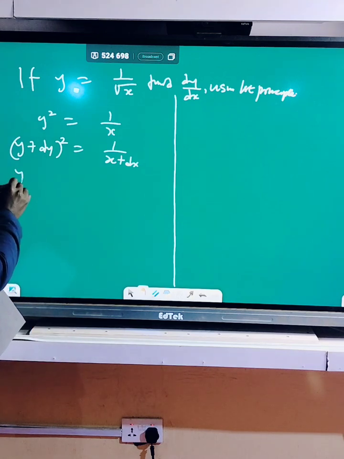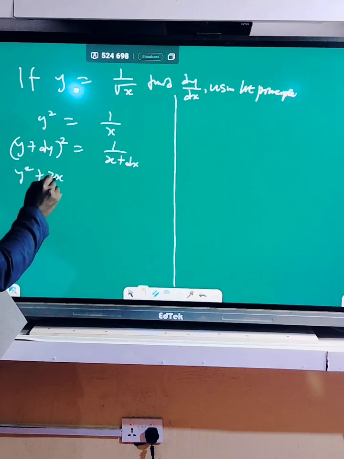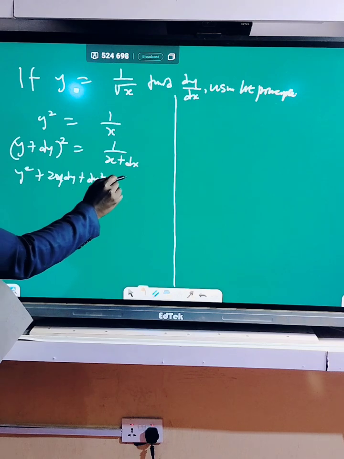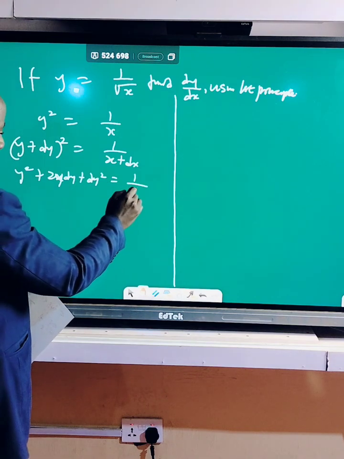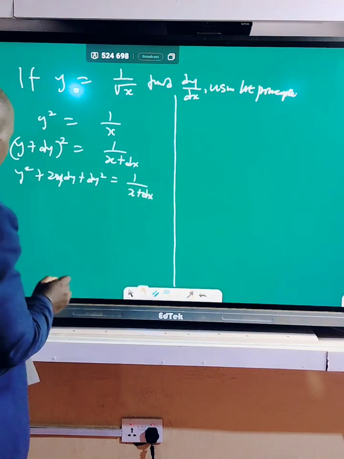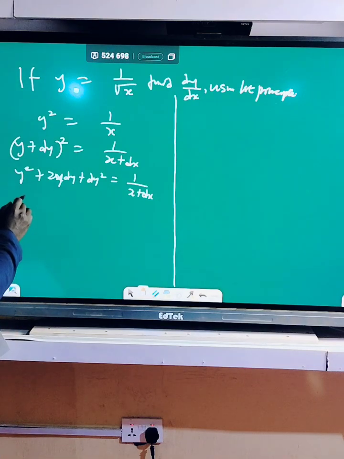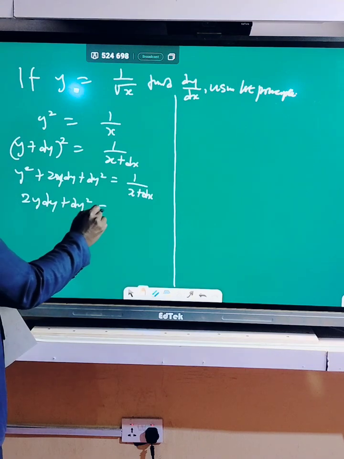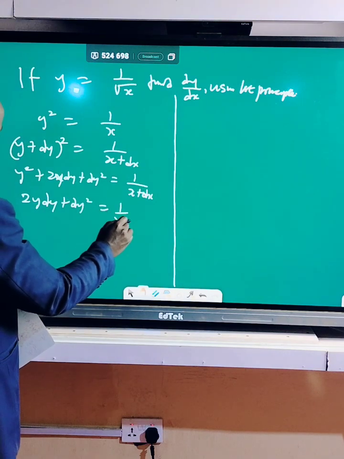When you expand this, you have y squared plus 2y delta y plus delta y squared is equal to 1 over x plus delta x. Then the y squared will cancel. 2y delta y plus delta y squared is equal to 1 over x plus delta x.